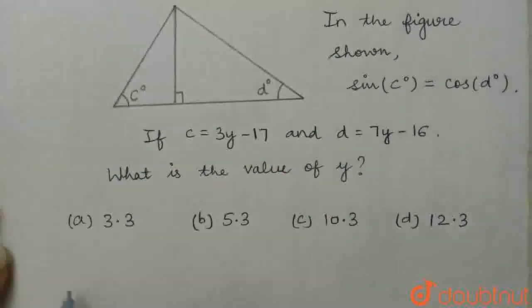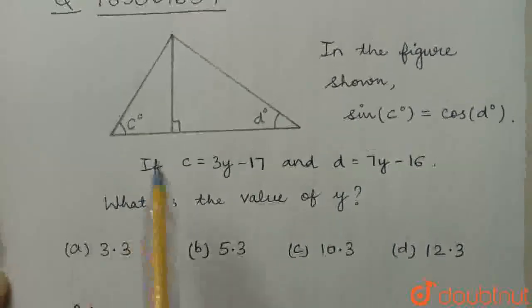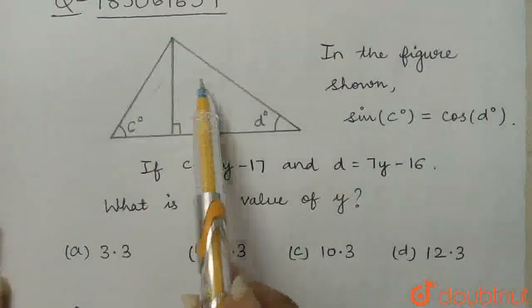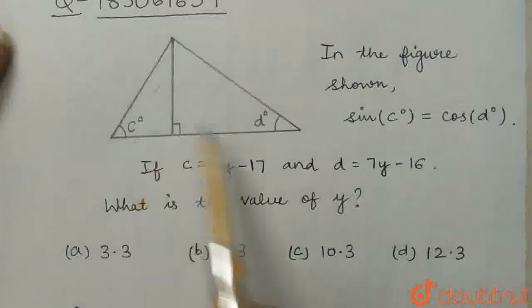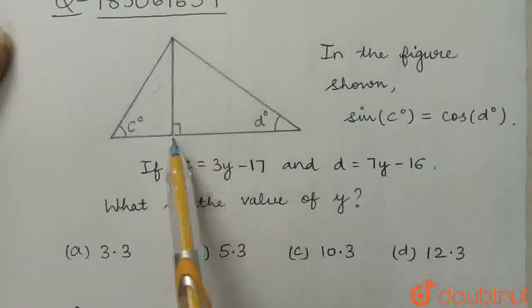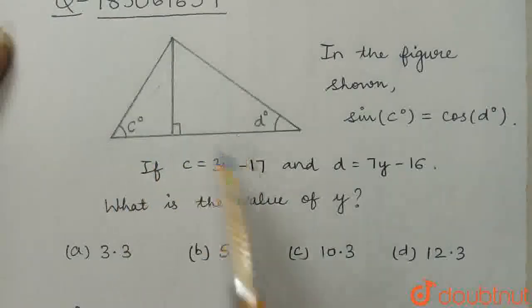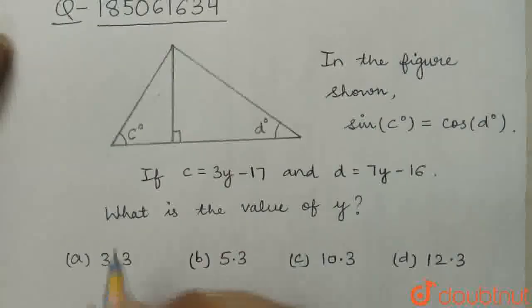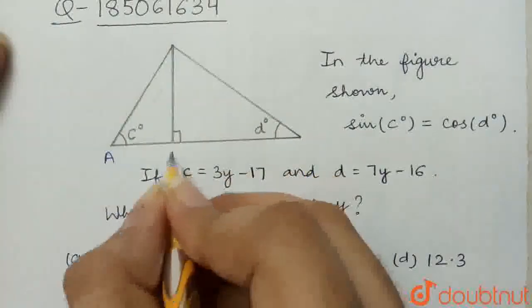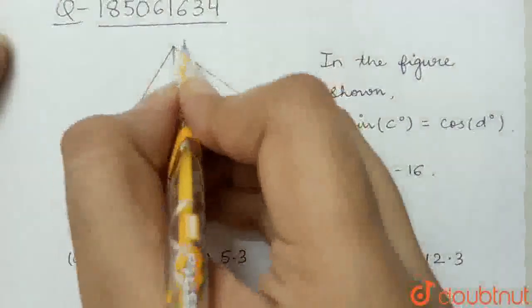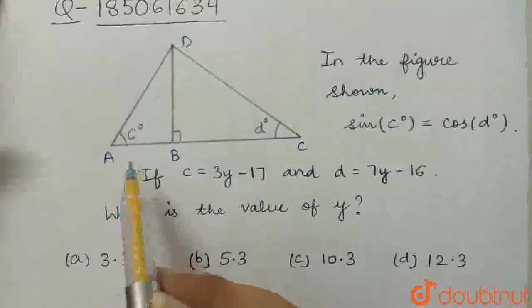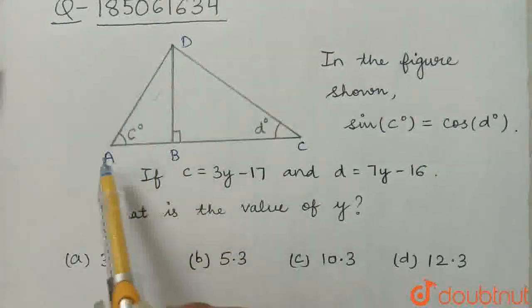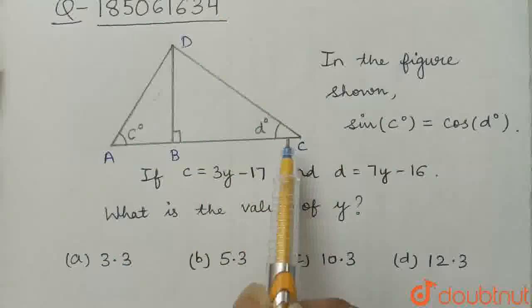So now our solution will be, as we know in the given figure, these two are the triangles containing the angles C and D, and this line is a perpendicular line on this line. So if we name this figure A, B, C and D, then BD is the line perpendicular on AC.